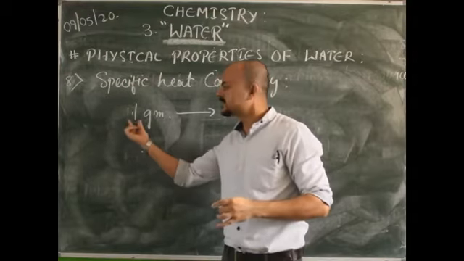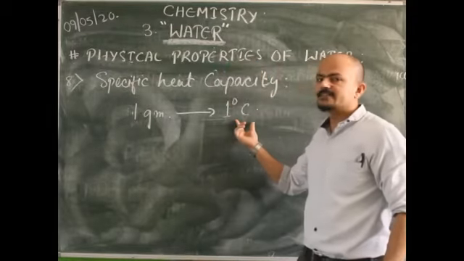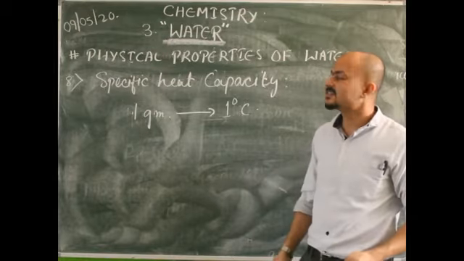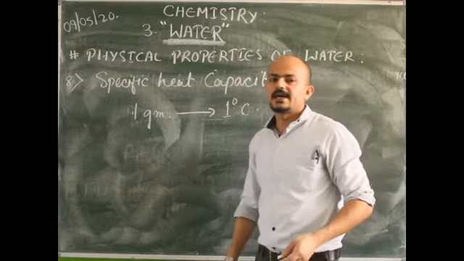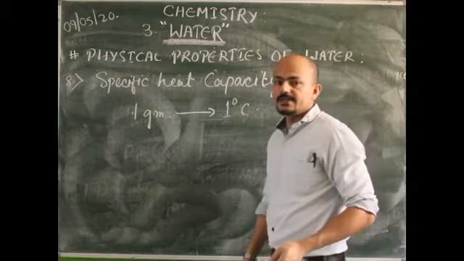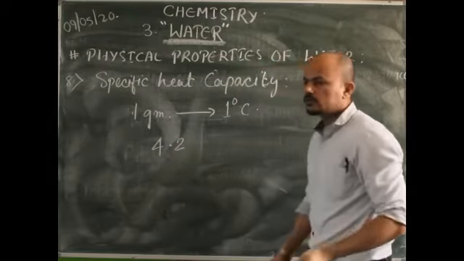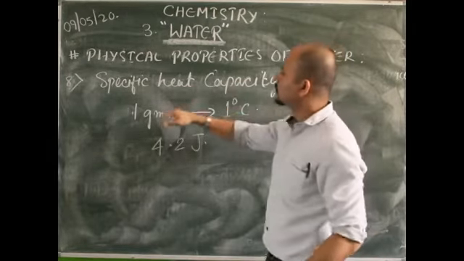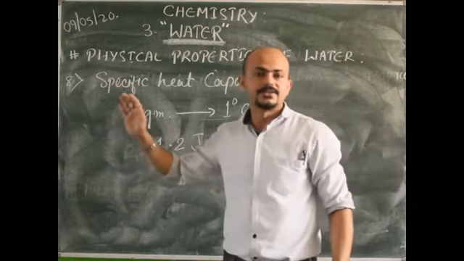Please don't forget, 1 gram, to raise the temperature by how much? 1 degree centigrade. So that much heat is known as the specific heat capacity of water. And the value is 4.2 joule. So the specific heat capacity of water is how much? 4.2 joule. Hope this is clear.